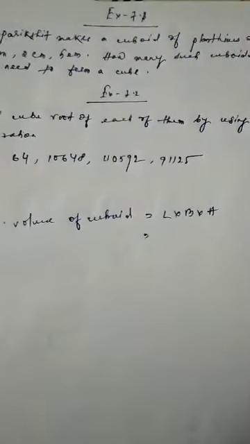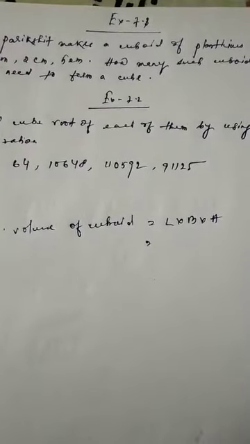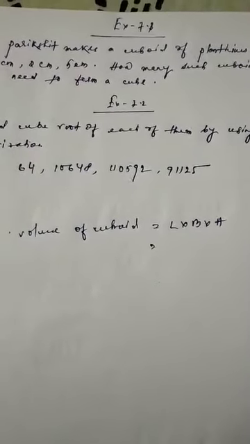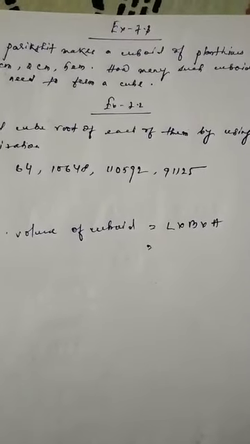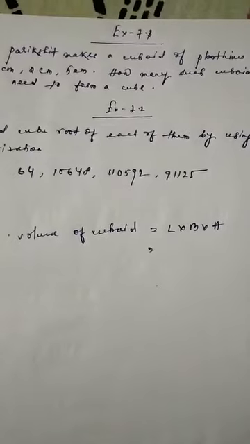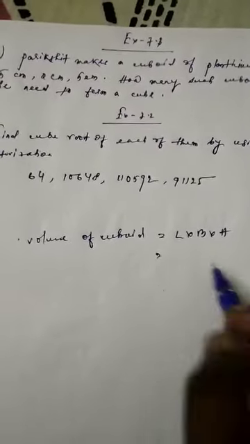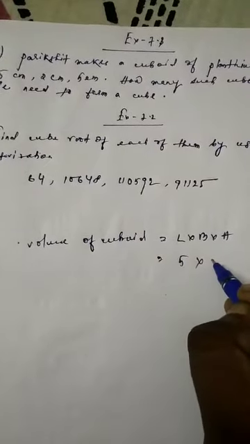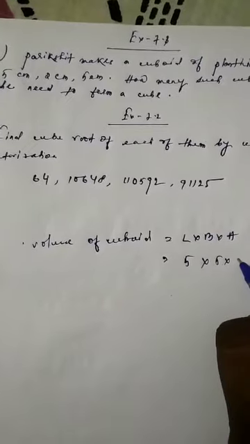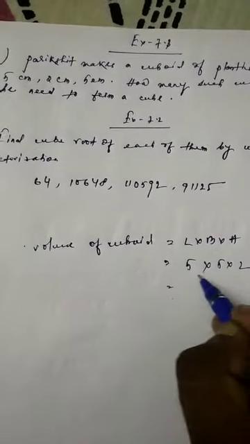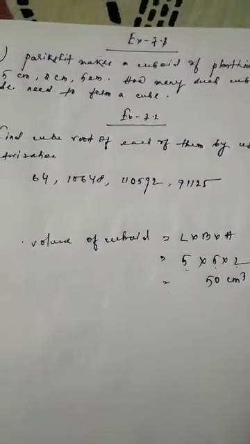Such formulas and patterns of questions you will learn in higher classes, where these things are explained nicely. If you find the product of all these three dimensions, you will get the volume of the cuboid. Length is 5 centimeter, breadth is 5 centimeter, and height is 2 centimeter. 5 fives are 25, into 2, it's 50 centimeter cube.